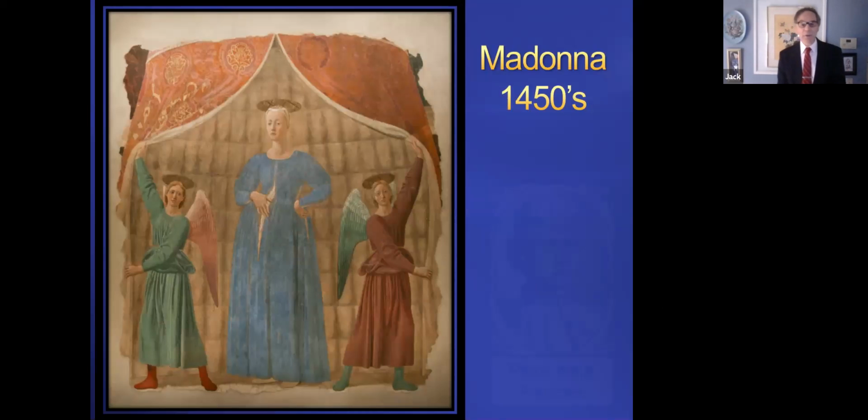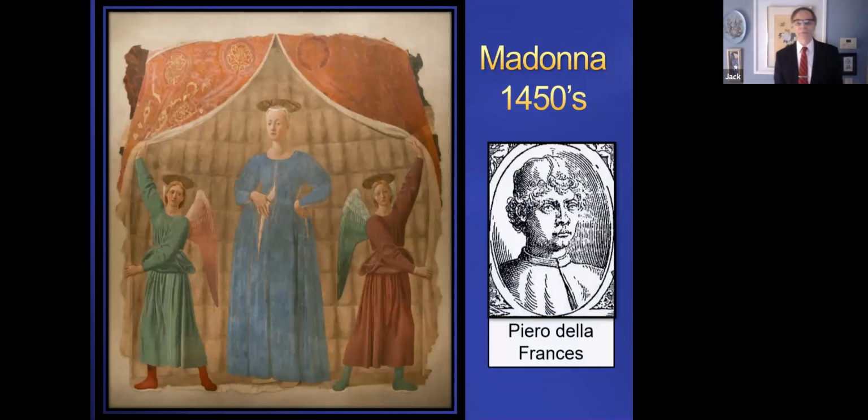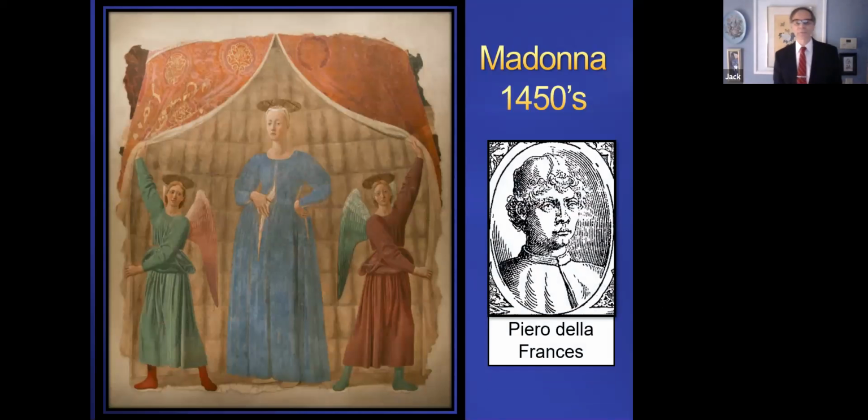And this painting was done by this fellow, who was actually mostly a mathematician. He just got into painting as a sidelight to exercise his skills in geometry to do perspective. He wasn't that big of an artist in his day.